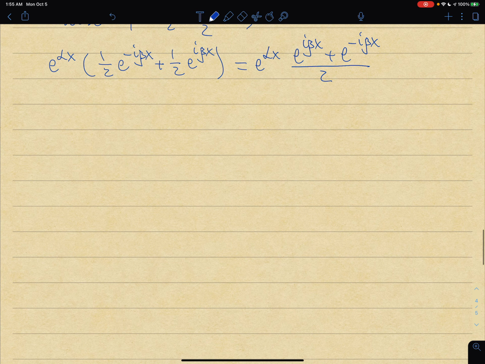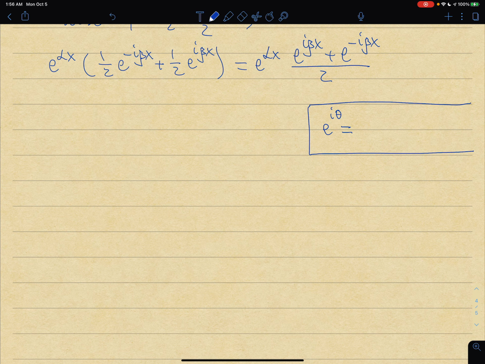Here you have to know the following formula. If I have e to the power I theta, this is something that when you study complex numbers, this is a formula that you arrive at pretty quickly.